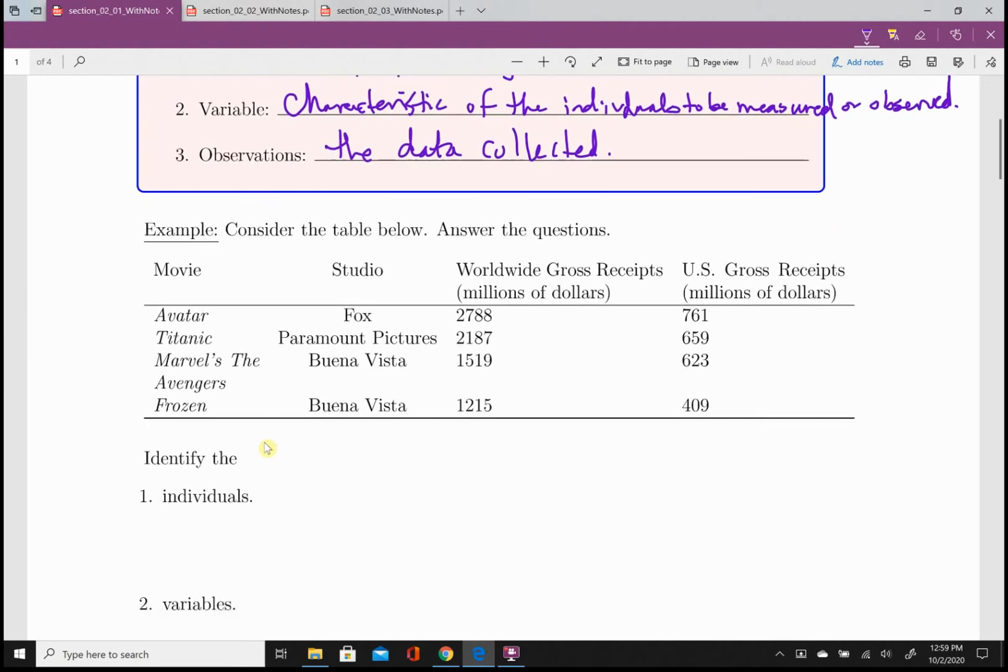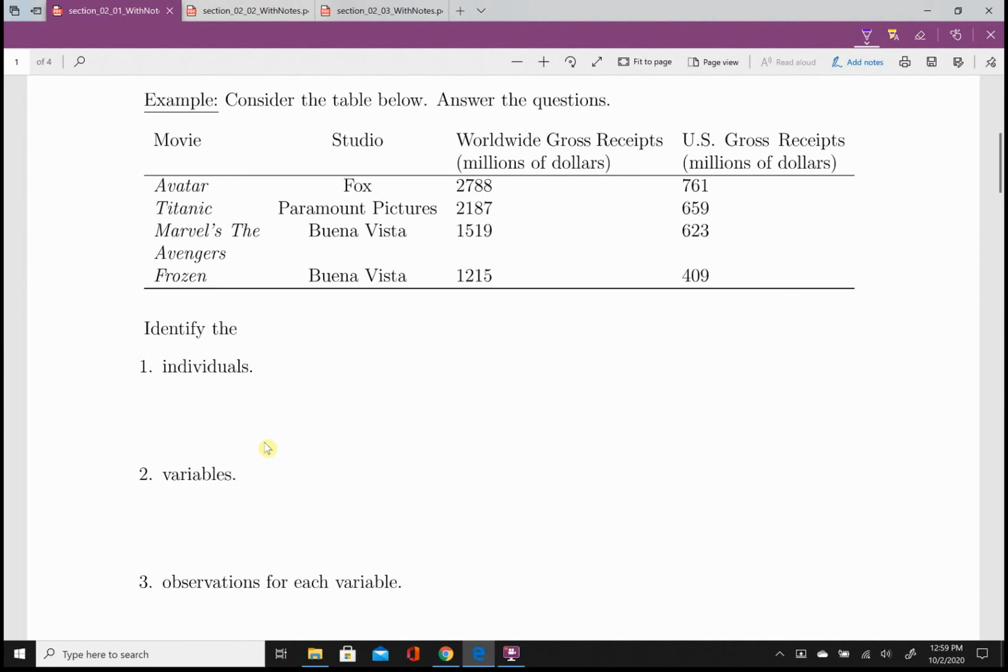So let's consider a particular example. Now, this is a bit of information from a statistical study involving movie studios and their worldwide gross receipts, or U.S. gross receipts. So this is just the amount of money made for 1, 2, 3, 4 particular movies.